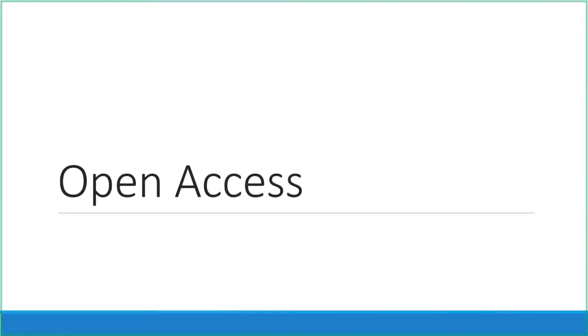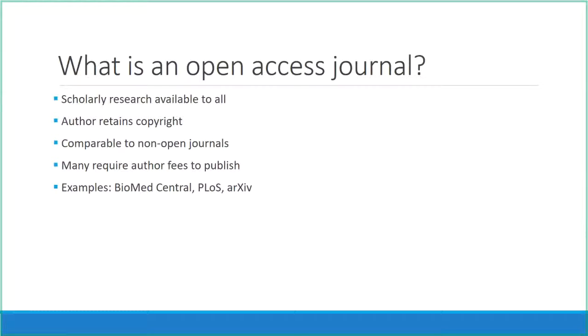So, what is open access publishing? An open access journal is a journal that makes all the scholarly research available for free for everyone.